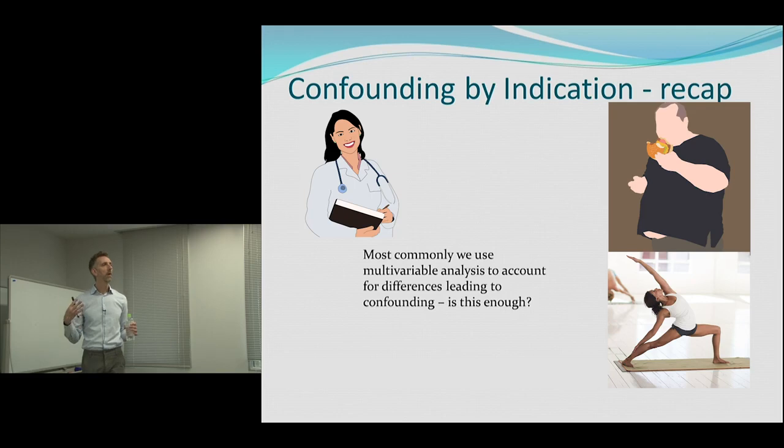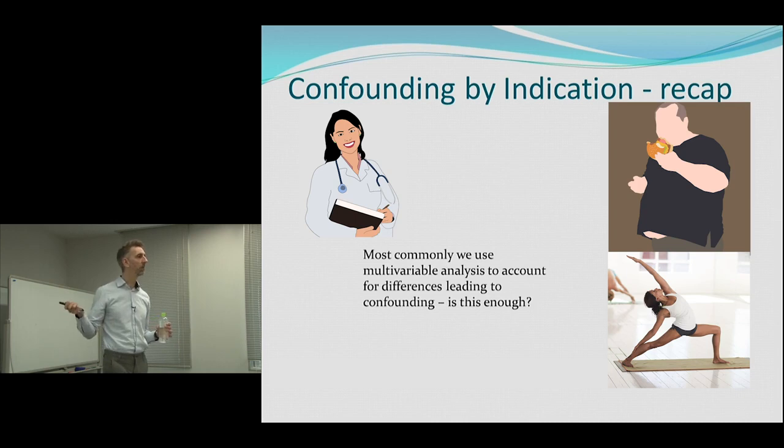Now, normally when we do a study, if we want to compare people given one treatment with people given no treatment or a different treatment, we'll usually use a multivariable method to adjust for confounding. The problem is, within our big populations in an electronic health record database, it's very hard to tell if our exposed population tends to look a bit more like him and our unexposed population tends to look a bit like her.